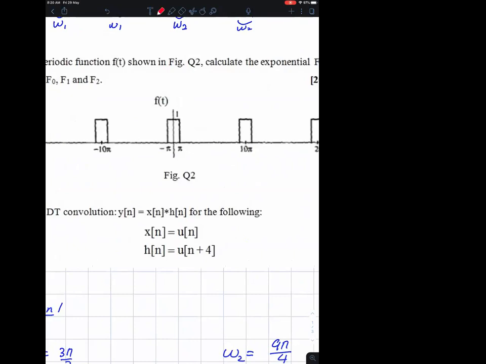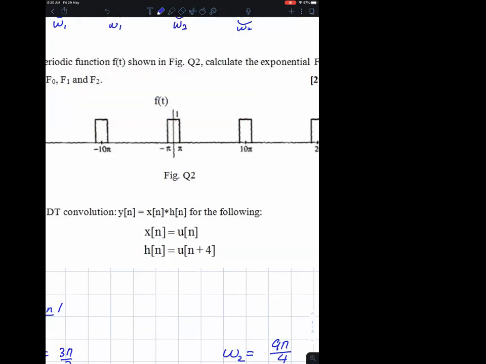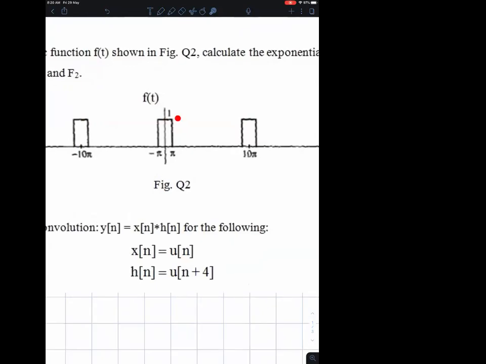Now you can see this periodic signal, they are repeating. This periodic signal has an amplitude 1, and the width of the signal is minus pi to pi.